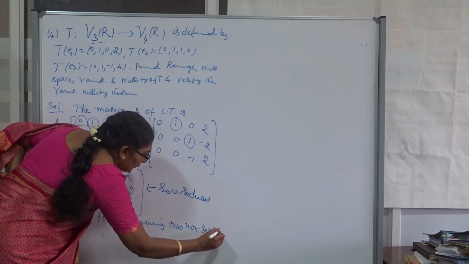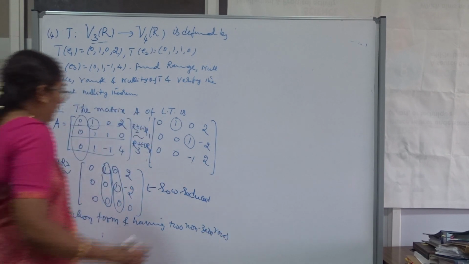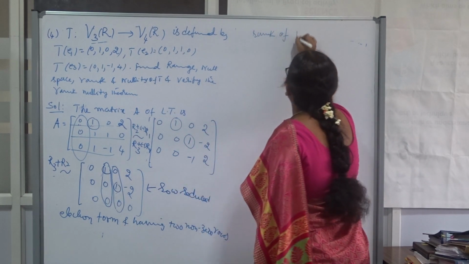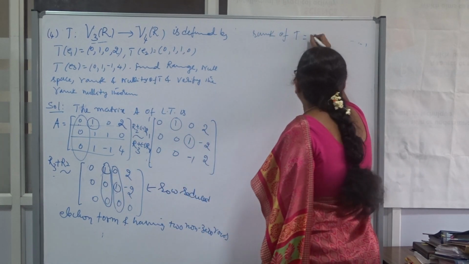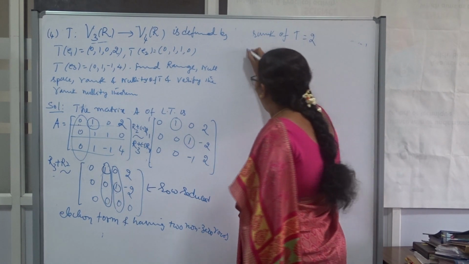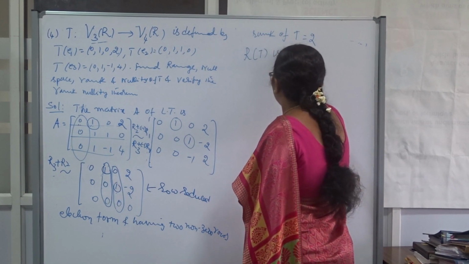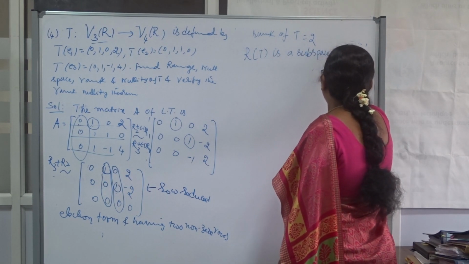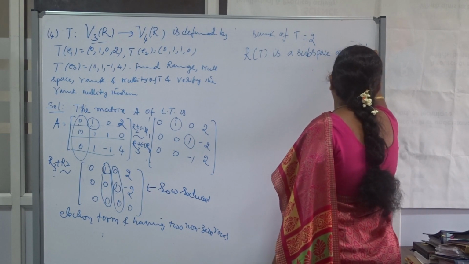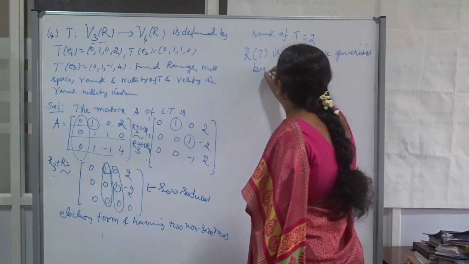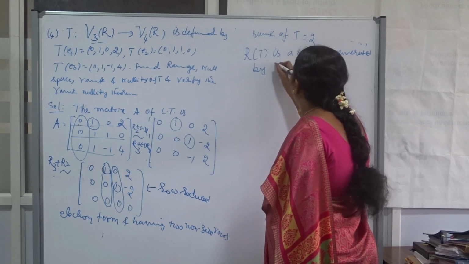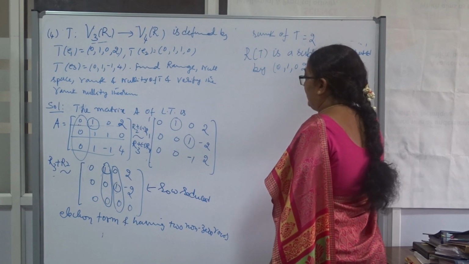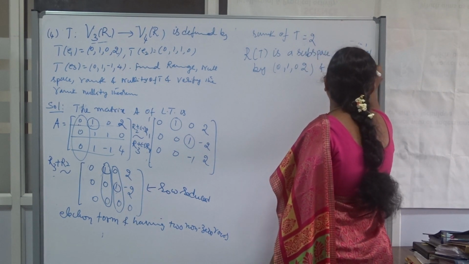Therefore, the rank of T is 2, and also R of T is a subspace generated by what vectors? 0, 1, 0, 2 and 0, 0, 1, minus 2.